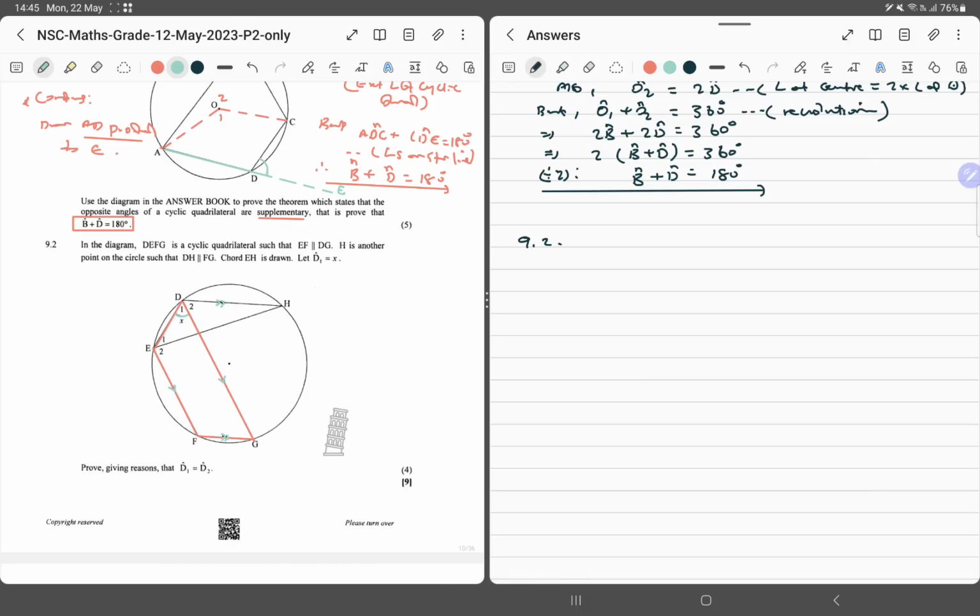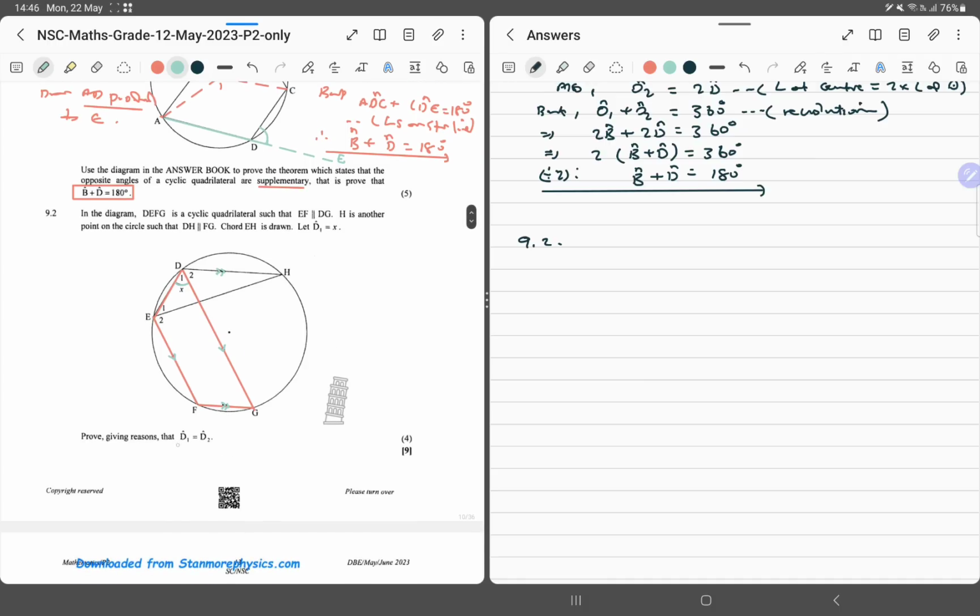And then what are we told again? H is another point on the circle such that, okay, we've covered those. Now it says prove, giving reasons, that D1 is equal to D2. So what do we do here?